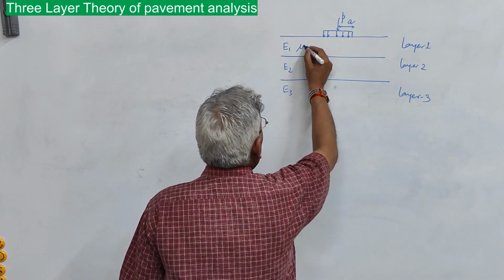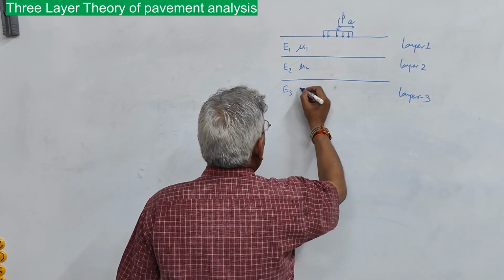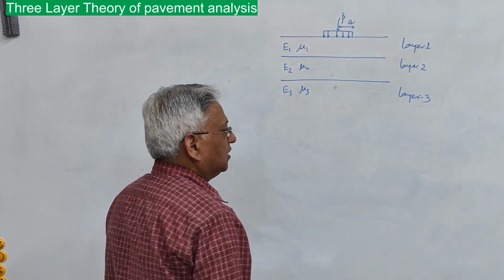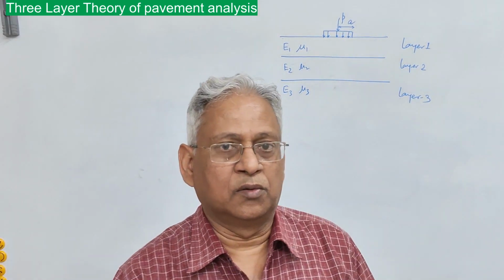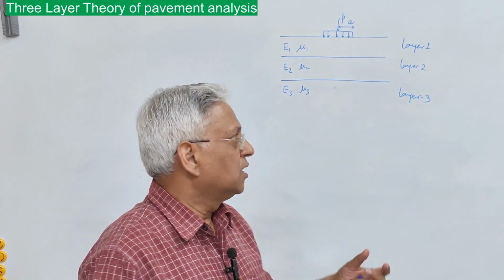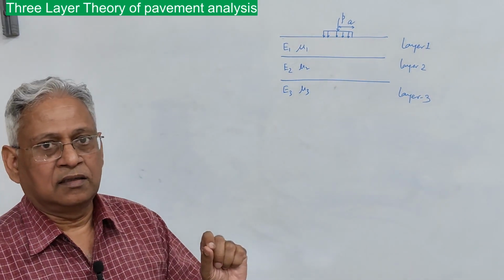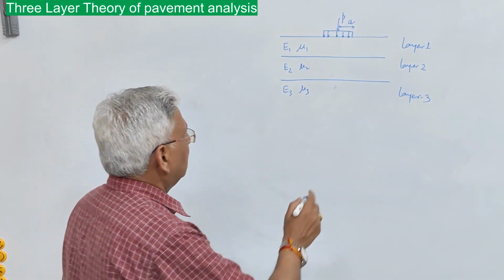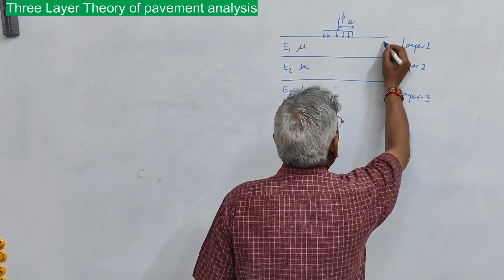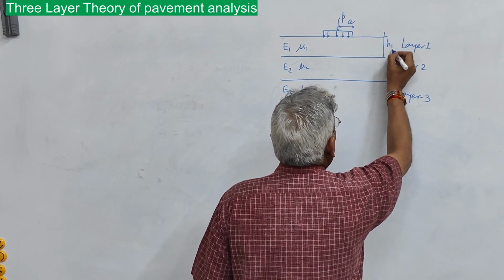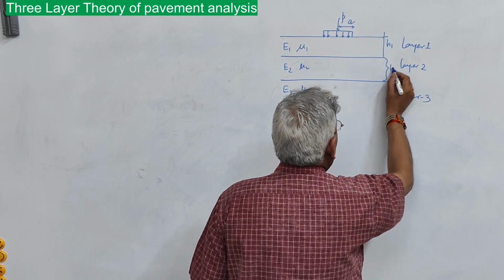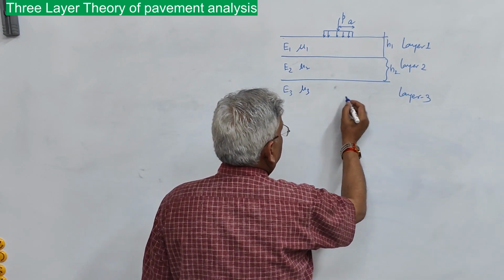The Poisson ratios are mu1, mu2, mu3, and in the three-layer theory also, mu1, mu2, mu3 are taken as 0.5. Let us say this is the thickness of the first layer, H1. This is the thickness of the second layer, H2. And this is subgrade.